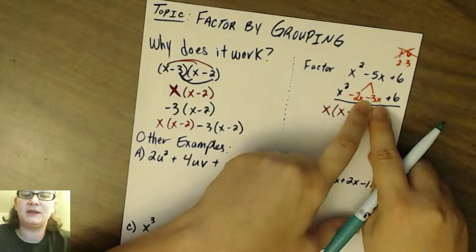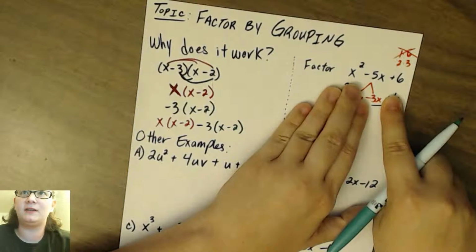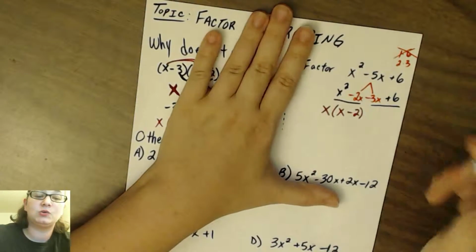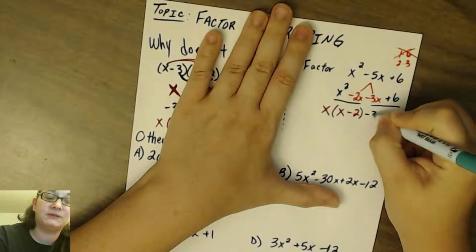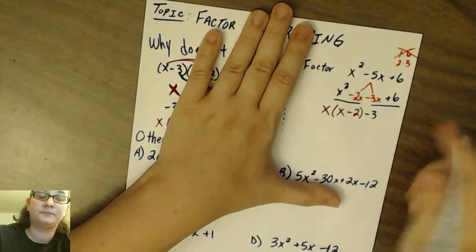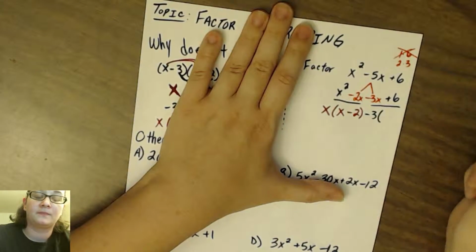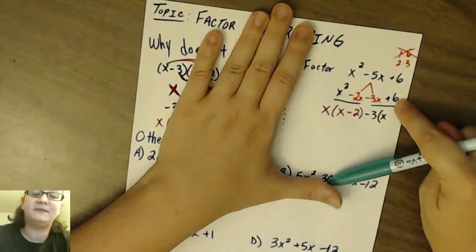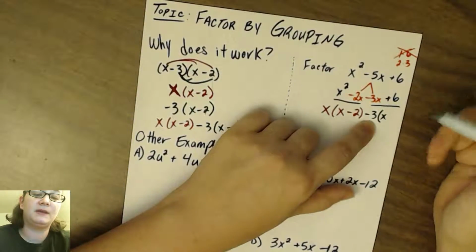So the only way for me to get this term right here to be positive is if I divide it by a negative number. So I'm going to divide both of those things by a negative 3. If I divide this by negative 3, I get that positive x. And if I divide a positive 6 by a negative 3, I'm going to get a negative 2.